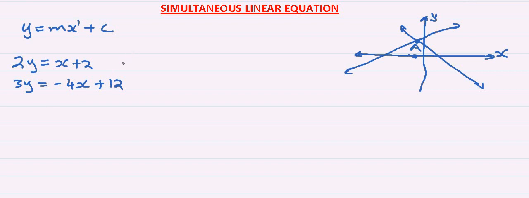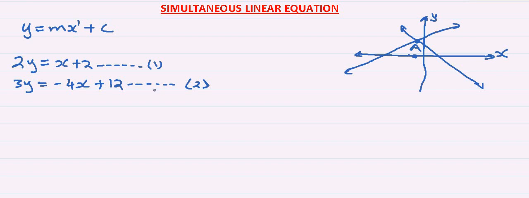You can choose which one you want to label equation 1 and which one equation 2. Let's say this is our equation number 1. You make dashes, you put 1 inside the brackets, which represents equation number 1. Then the second one, you make dashes, then you open brackets, write 2, close brackets. Then this says equation number 2. That's the first thing that you must do: you label your equation.